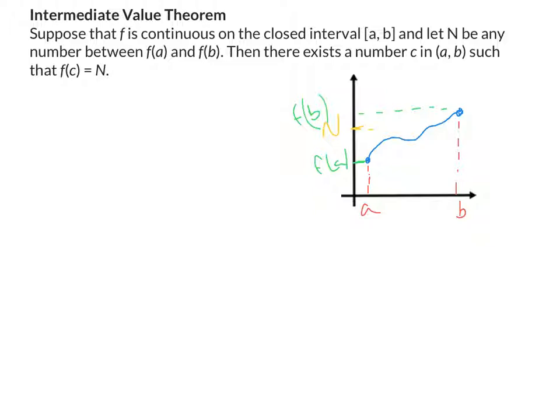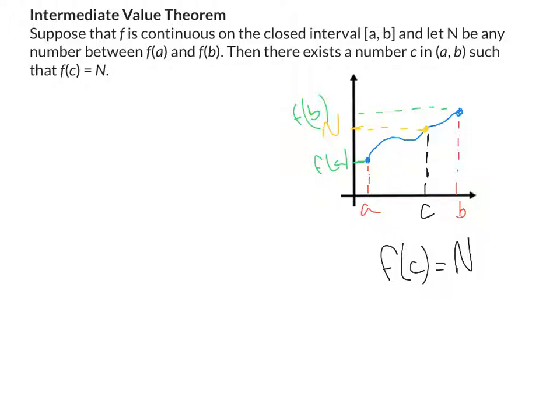And if I were to draw over, I'm going to hit a height somewhere on this portion of the continuous function. And so because we hit n, there has to be some value down here that we called c, where if we plugged in f of c, if we did f of our x value, the result would be the y value of n.